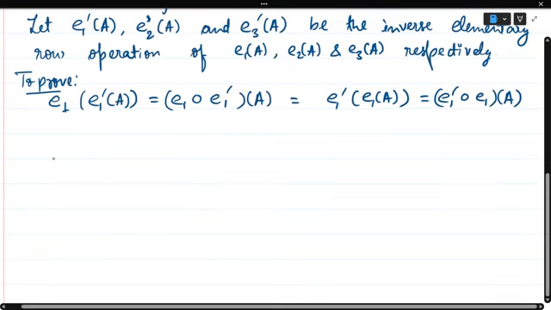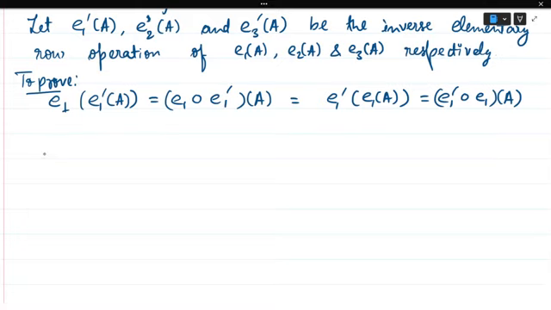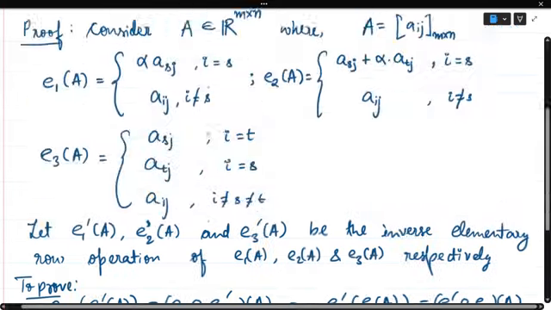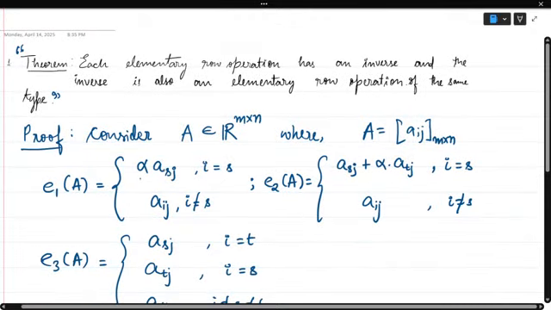Now first we talk about the LHS. We can consider here E1 prime of A, which I define as Bij, by considering an element from the matrix A. So E1 prime of A is the inverse, as we used to do, of E1 of A with alpha.